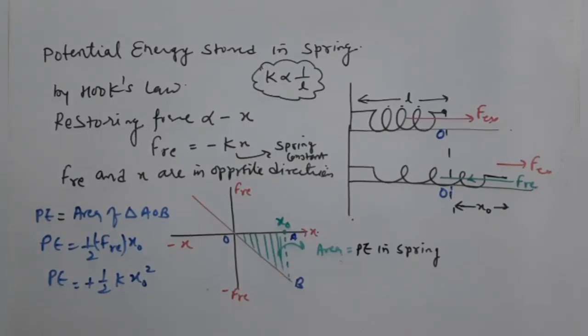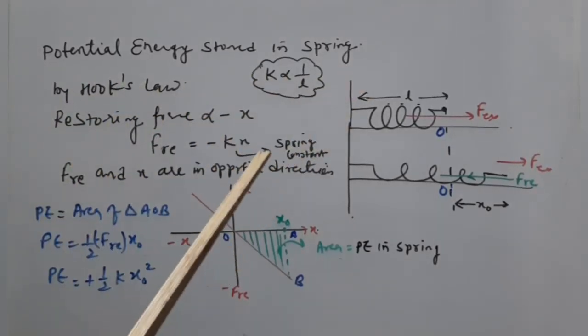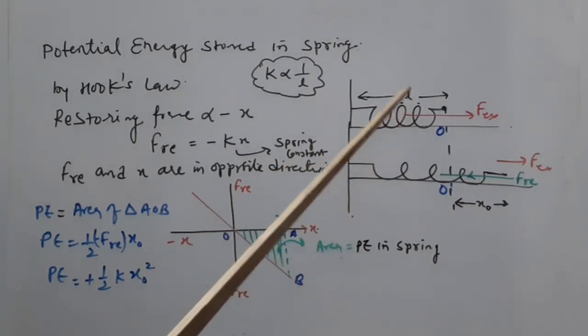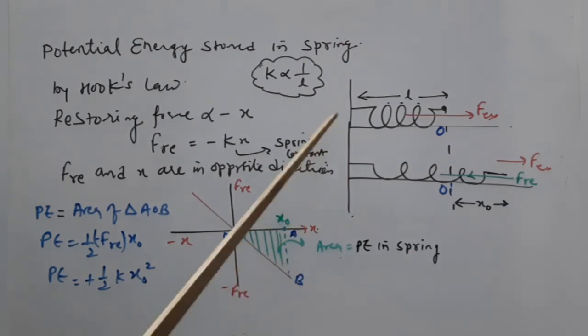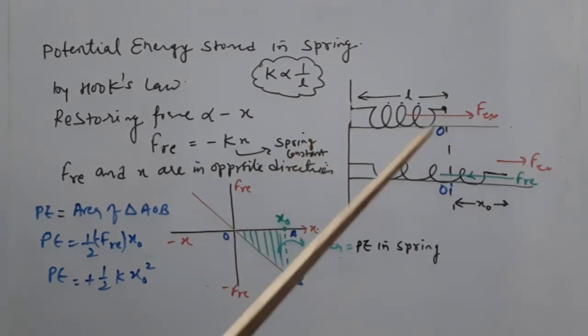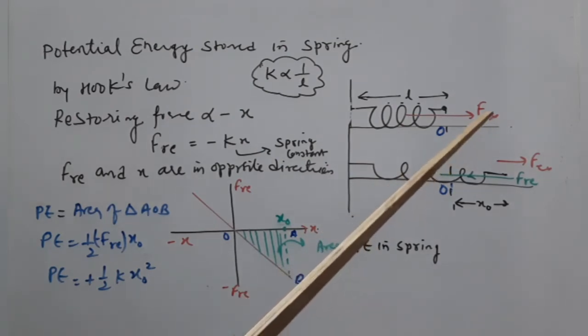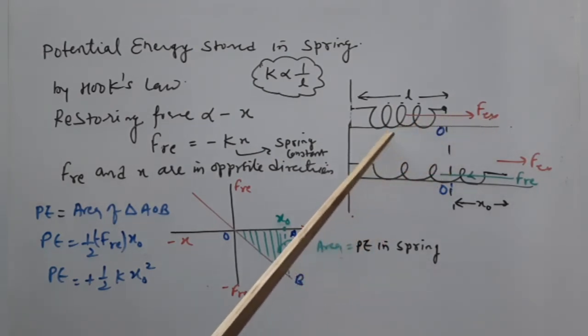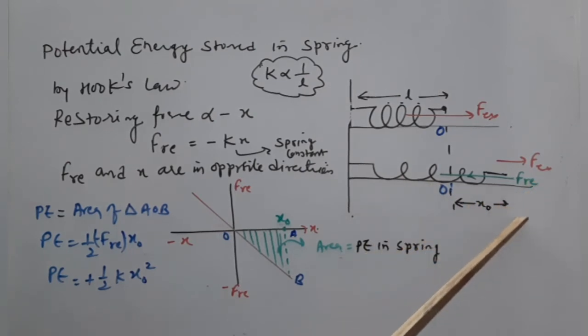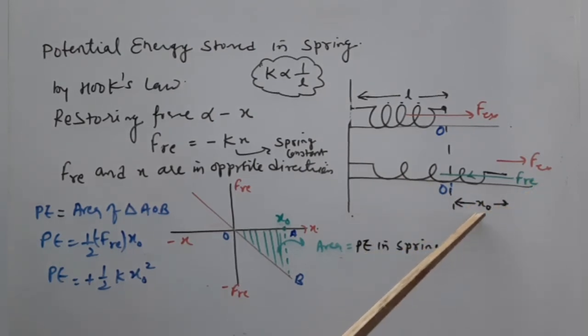Now I am taking the topic potential energy stored in a spring. Suppose there is a spring of length L and one end is connected with a rigid support and the other end is free. Now we apply an external force Fex, by virtue of which extension takes place, that is x naught.